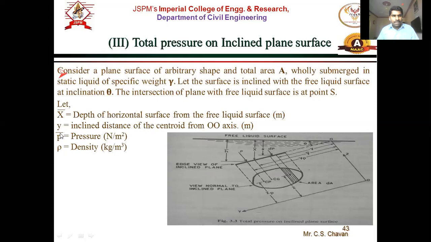Then p is the pressure and rho is the density. So y bar is for x bar, yp is for h bar, and y is for x. So the inclined distances are written for all these cases.